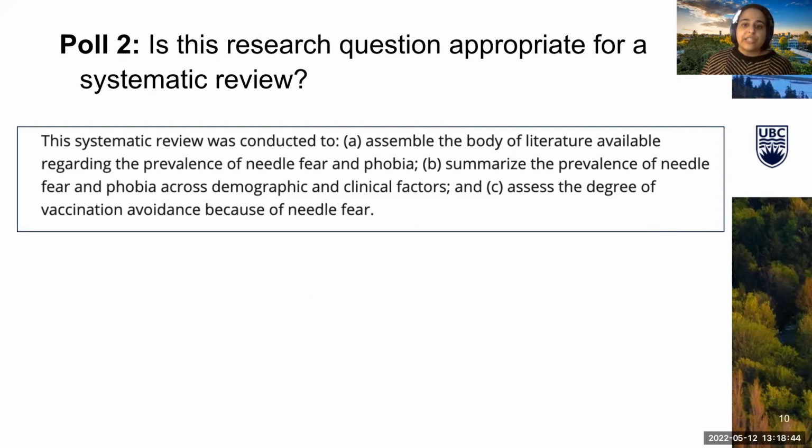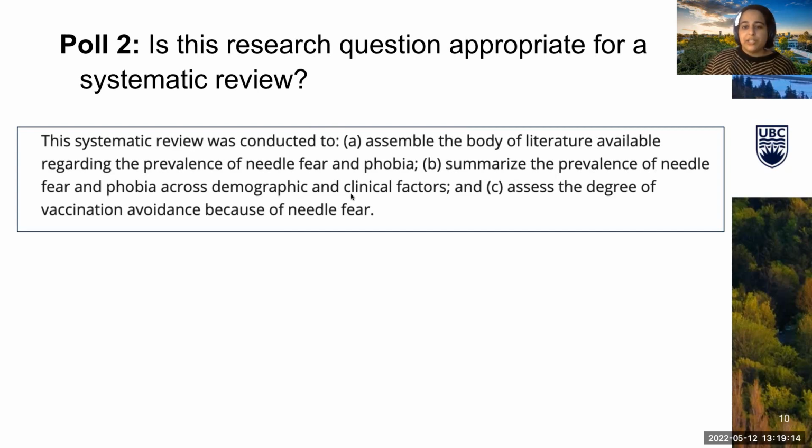And the answer is actually no, because, and it's quite tricky, the first two parts of the question, A, assemble the body of literature available regarding the prevalence of needle fear and phobia, and B, summarize the prevalence of needle fear and phobia across demographic and clinical factors. These first two components are really talking about assembling the literature and summarizing the literature.